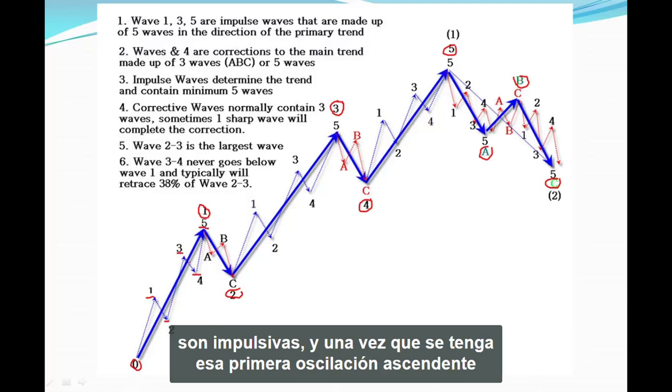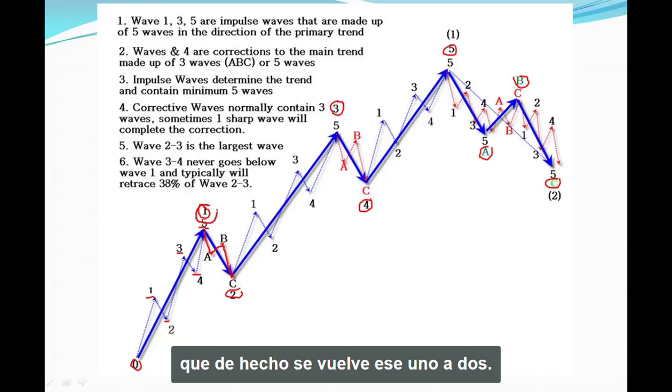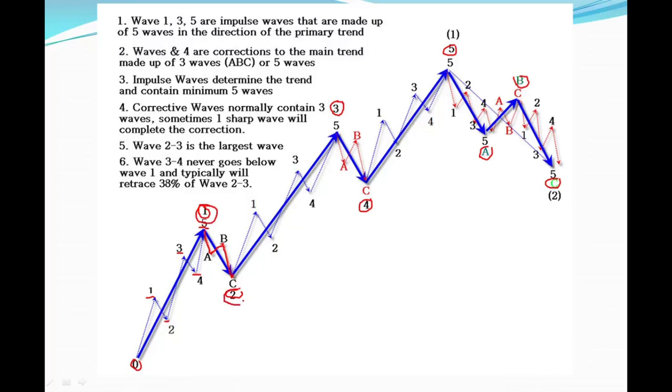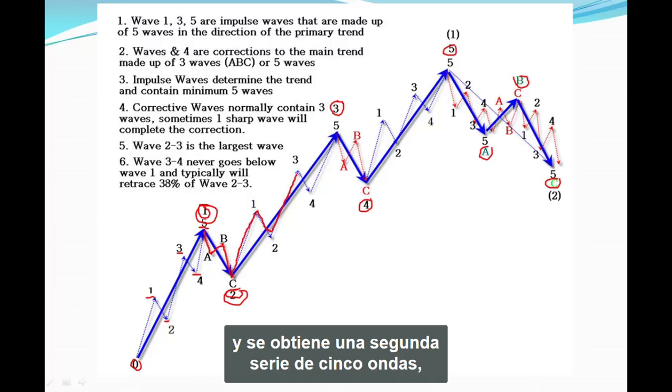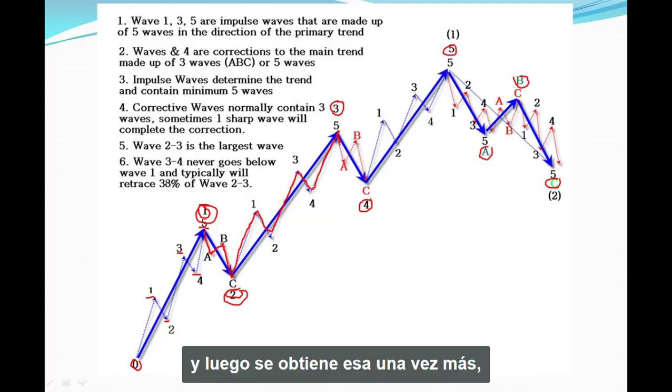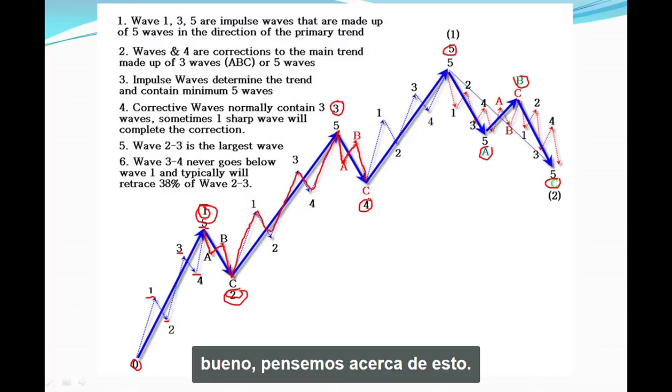And once you get that first swing up, you then tend to get that ABC corrective wave, which actually becomes that 1 to 2. When they continue up in a trend and you get that second series of the 5 wave, and then you get that one more time, that ABC corrective wave, well, let's think about this.